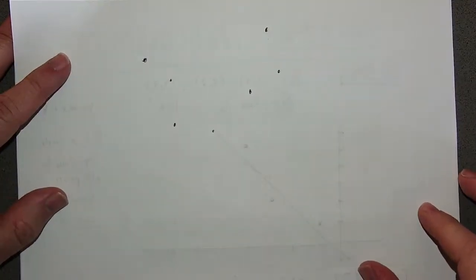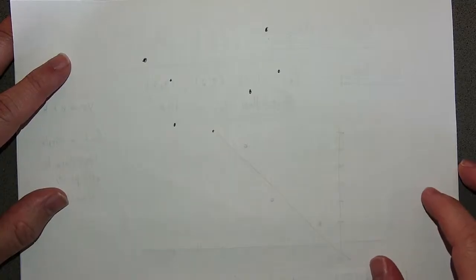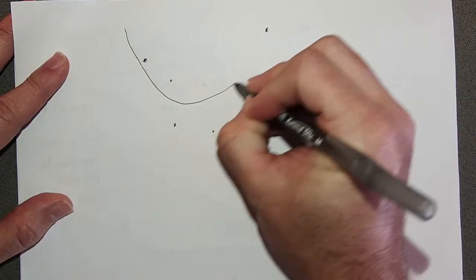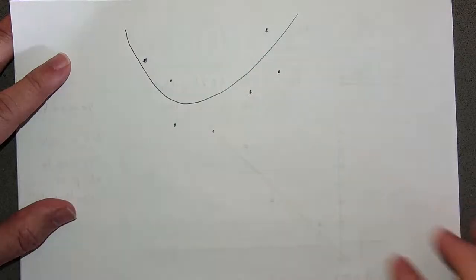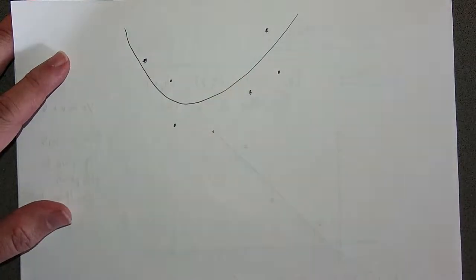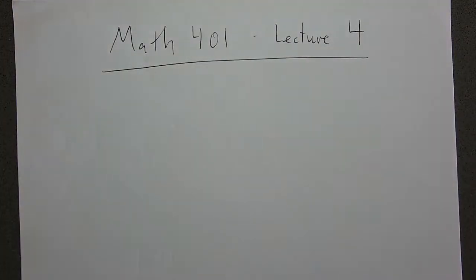You look at that and say, well, a line is maybe not a great fit for these because some of these vertical distances will be way too big. But something that does this maybe is better. So a parabola, something that looks like this, is a better fit for this data. The question is, can I do that?